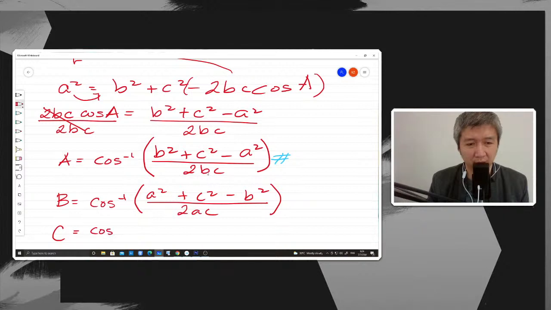Angle C is shift cosine of a squared plus b squared minus c squared all over 2ab.